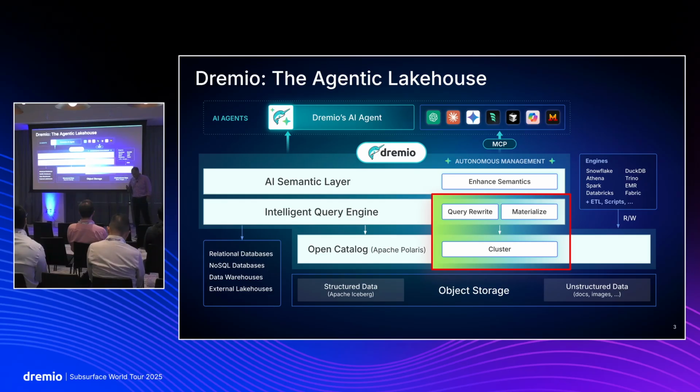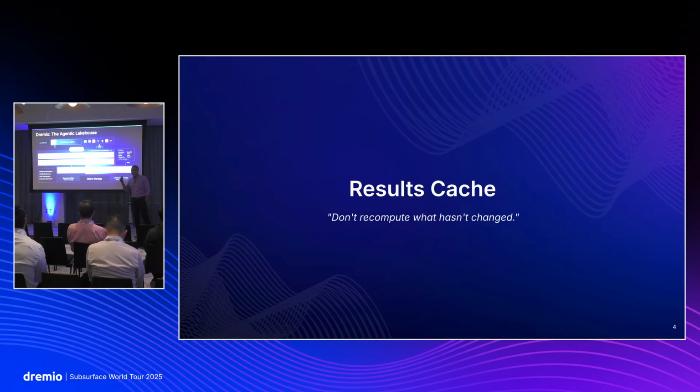One thing that has changed is because of AI, the workloads have become a lot more dynamic, and it's not really scalable to manually tune performance to accelerate those workloads. So the focus today is really to accelerate AI workloads as well as BI workloads using autonomous features.